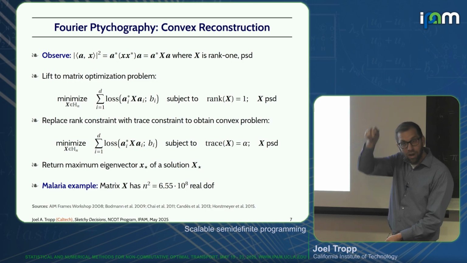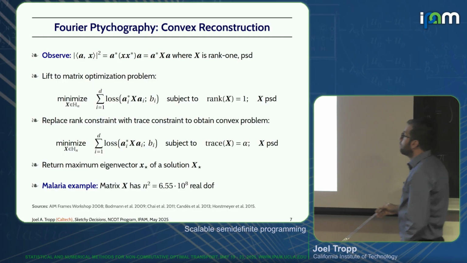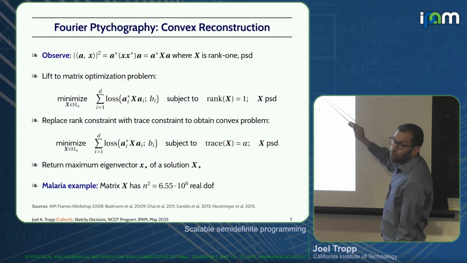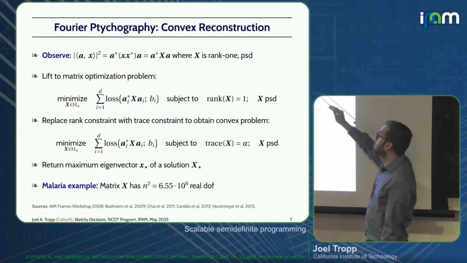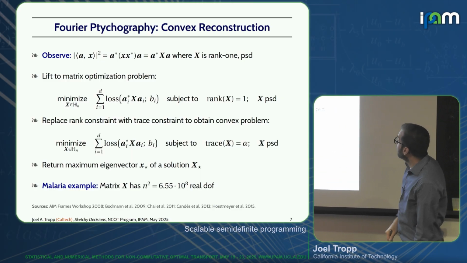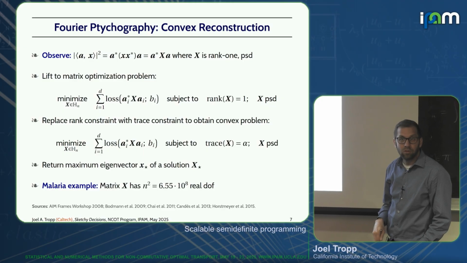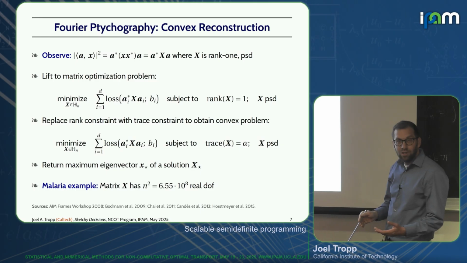So we've lifted it from a vector to a rank 1 PSD matrix, and we have thereby gained convexity in the objective. Now, we unfortunately retain a rank constraint from the fact that capital X came from the outer product of a vector with itself, and this rank constraint is what makes the problem difficult. Okay, so this is the same problem I posed before. It's not any easier. So what do?